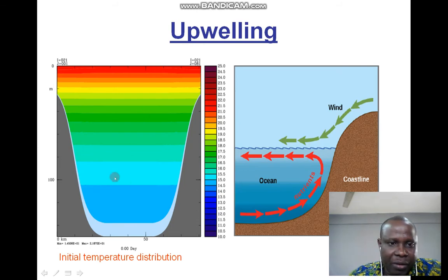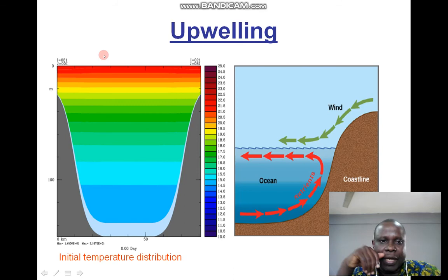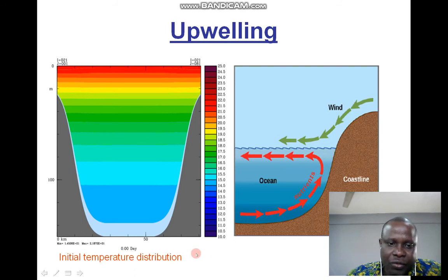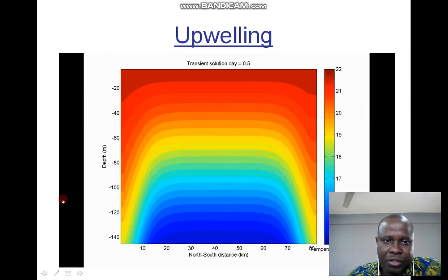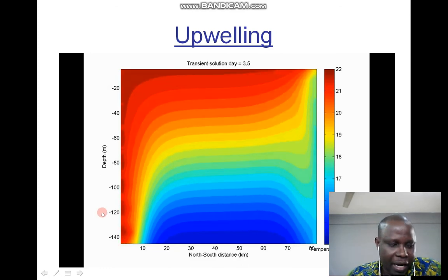So this is what I was describing. This is the depth of the domain. There's wind blowing from east to west. Because the wind is blowing that way, it pushes this fluid, and the fluid below wants to upwell. So when you set up ROMS on your computer and test it, you often test it with this upwelling case. When it's done right, you should be able to plot the data and have this show up.